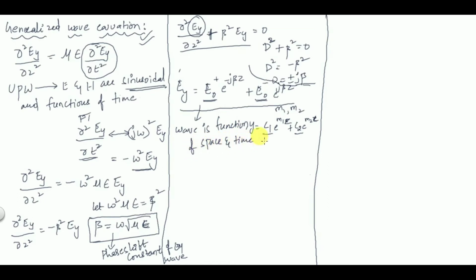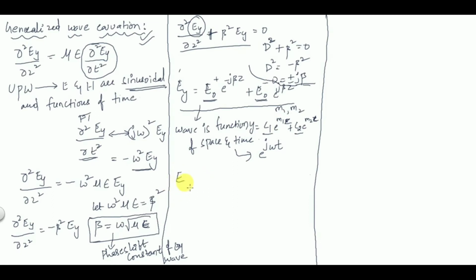If you want this equation in terms of space and time, we have to multiply it with the complex time function, which is e power j omega t, because the wave is a function of space and time.